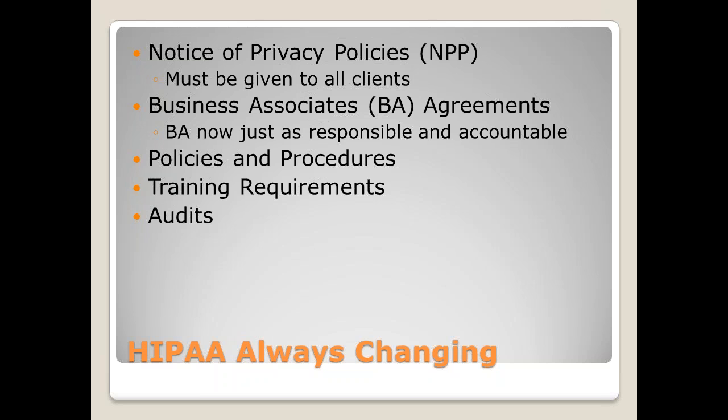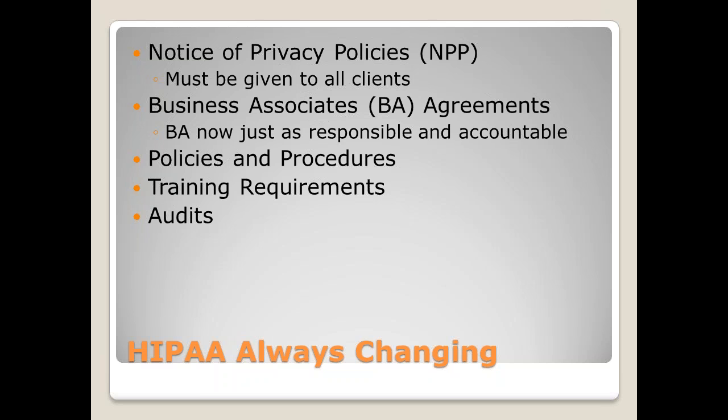They do talk about policies and procedures now pretty clearly. They identify which policies and procedures an agency has to have on board and be following as part of your HIPAA compliance program. Training, they mentioned training. It's great you're here today. The training requirements are pretty specific. It's up to each agency to determine how they're going to do that training, but the government makes it really clear.